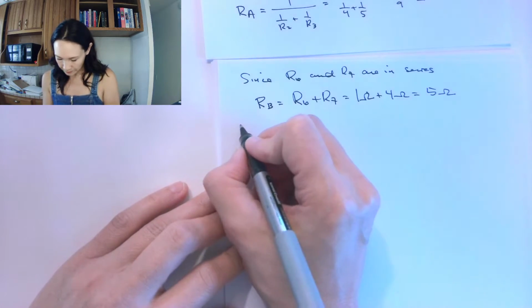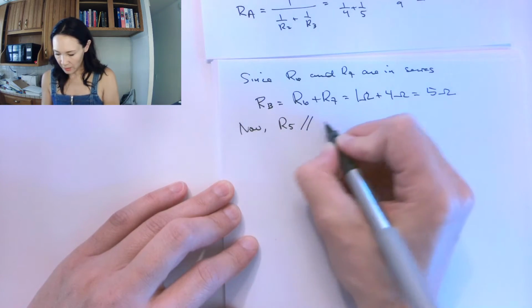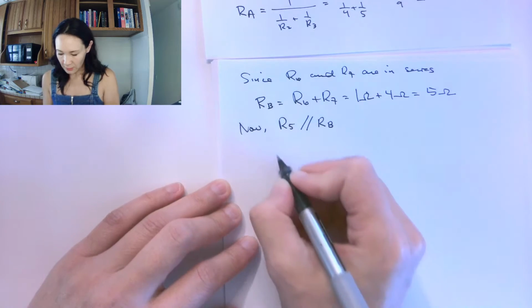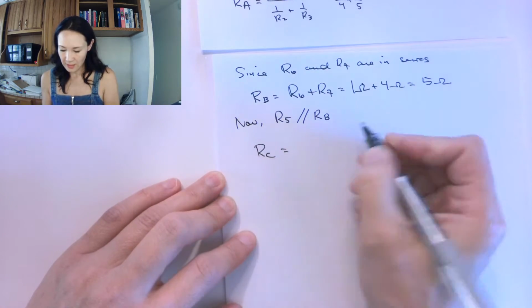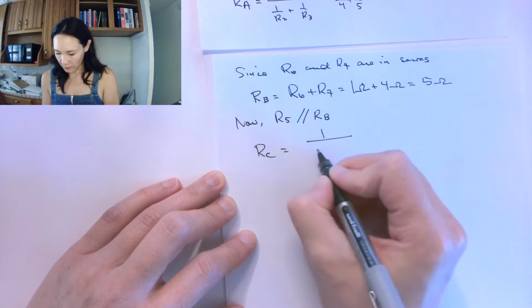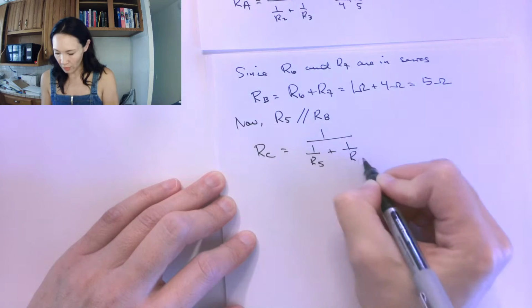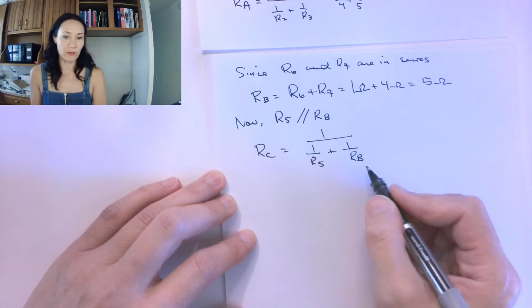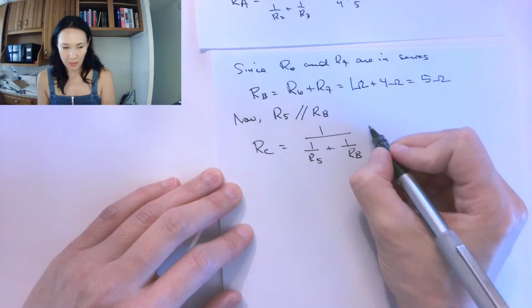And now R5 is in parallel with RB, so I can find a new equivalent resistance. I'll just call it RC, and that'll be given by 1 over R5 plus 1 over RB, where RB is the equivalent resistance between 6 and 7, which were in series. Okay, great.